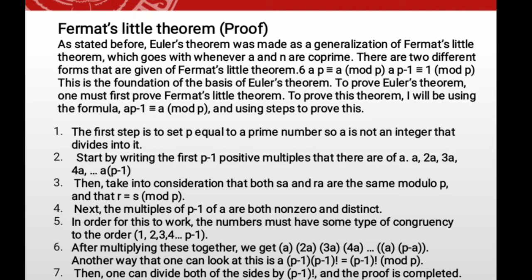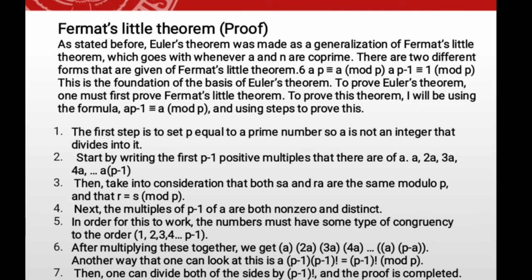There are two different forms that are given of Fermat's Little Theorem. a^p is congruent to a mod p. a^(p-1) is congruent to 1 mod p. This is the foundation of the basis of Euler's theorem. To prove Euler's theorem, one must first prove Fermat's Little Theorem.